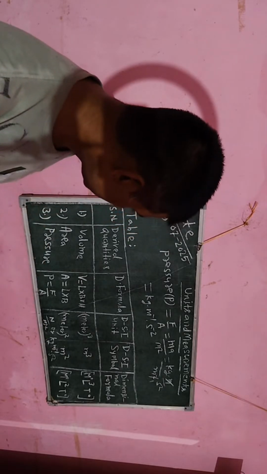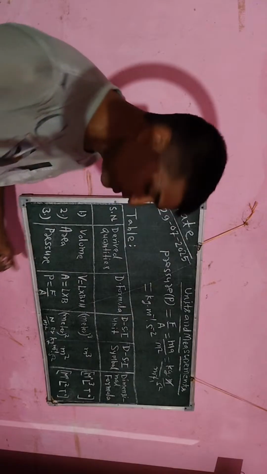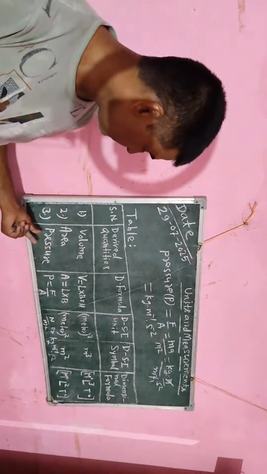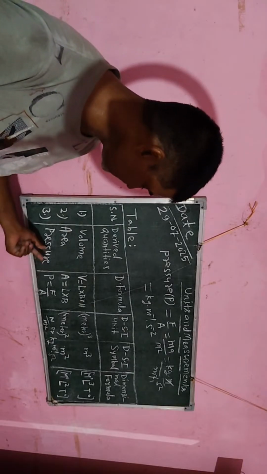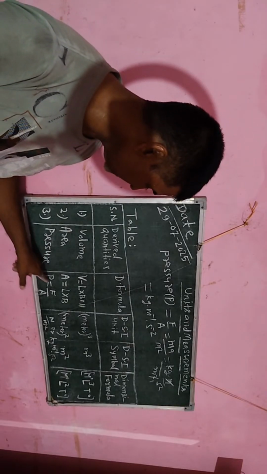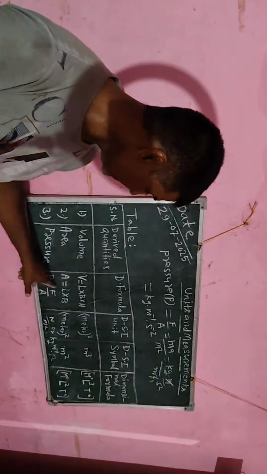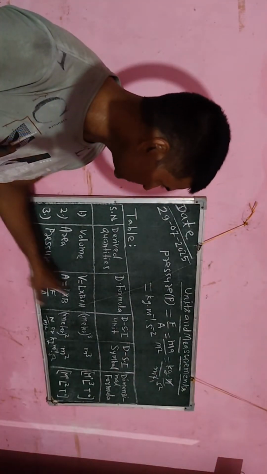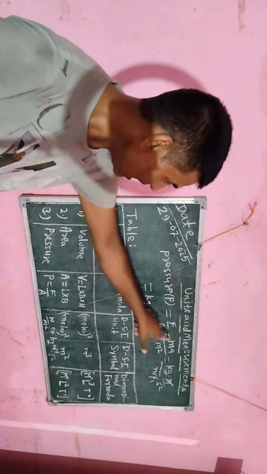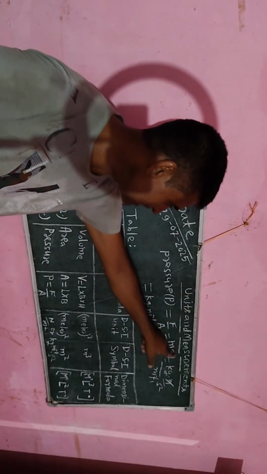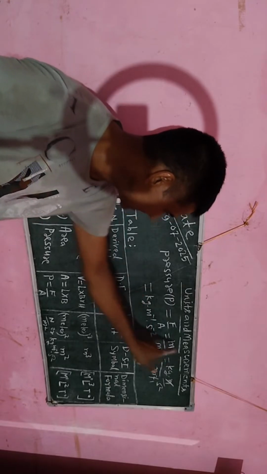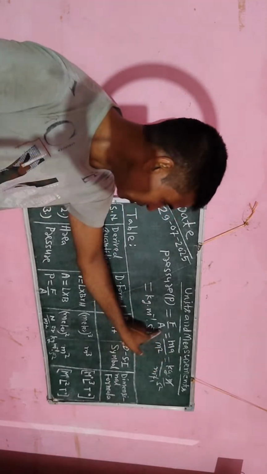So this is the information you have to know: pressure is denoted by P, and P is equal to F divided by A. F is the force, and force is written as m into a. M is the mass of the object, A is the acceleration of the object, and A is also the area of that object.